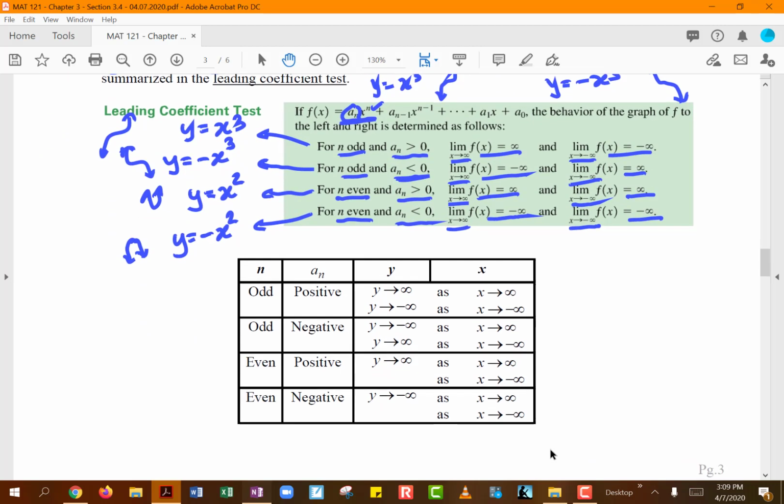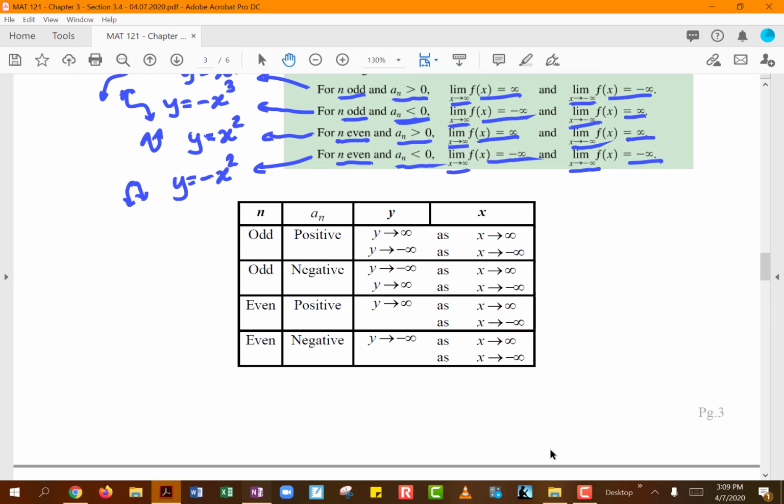I have actually also included this little table. So what happens when you have odd and positive? As x goes to positive infinity, y also goes to positive infinity. As x goes to negative infinity, y also goes to negative infinity. When it's odd and negative, you will notice these directions change from that first one.